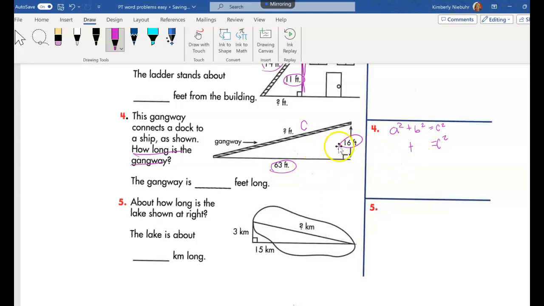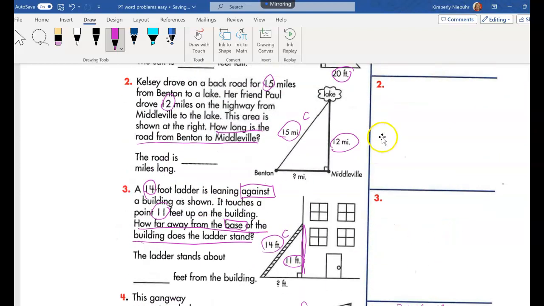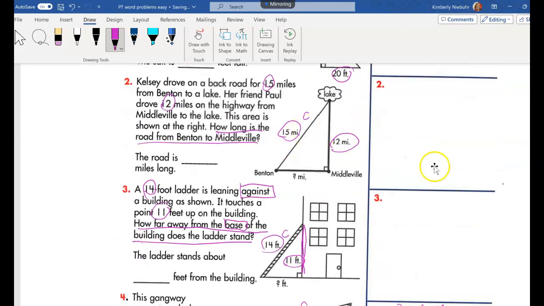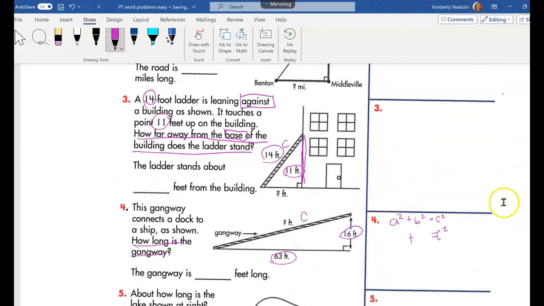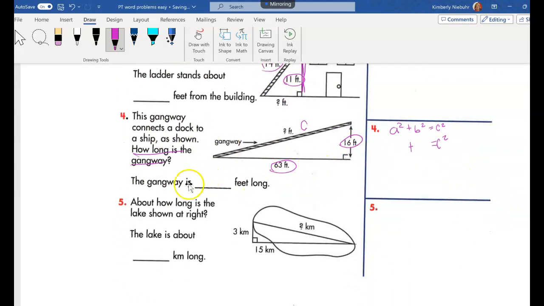Again, you have to decide which one's a, which one's b. But I think we're going to be doing a different operation than what we've been doing on number 3, number 2, and number 1, because we already had side C in number 1, number 2, and number 3. We don't in number 4. So the gangway is blank feet long.